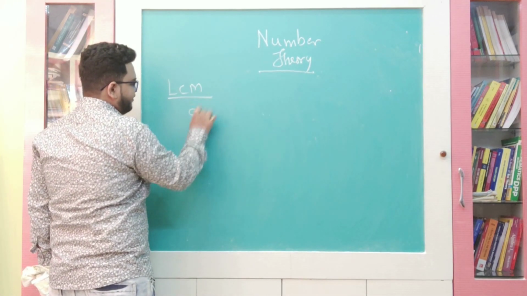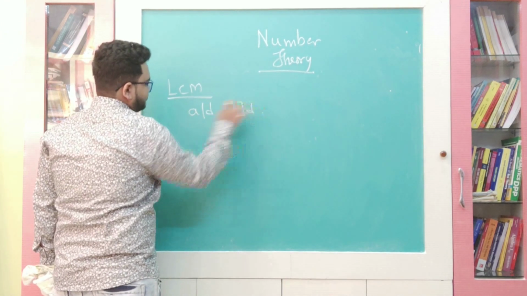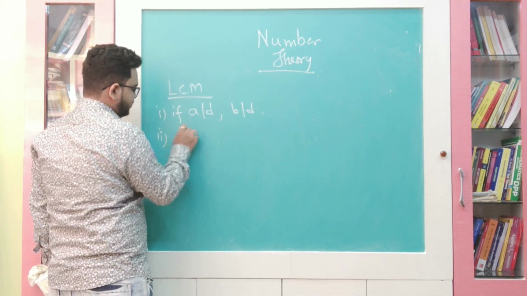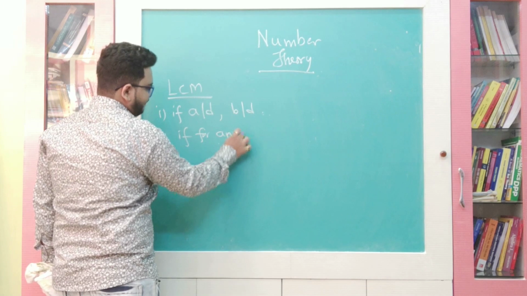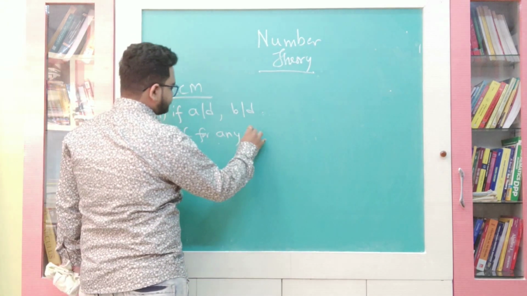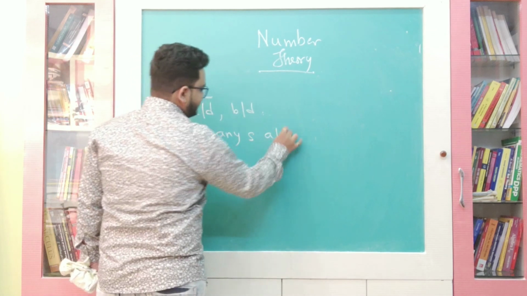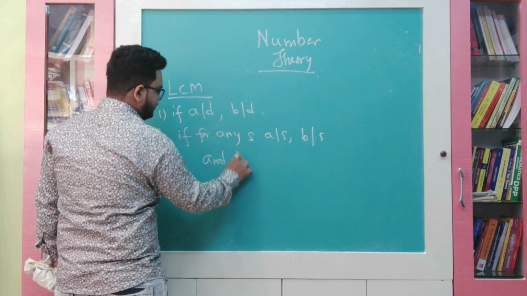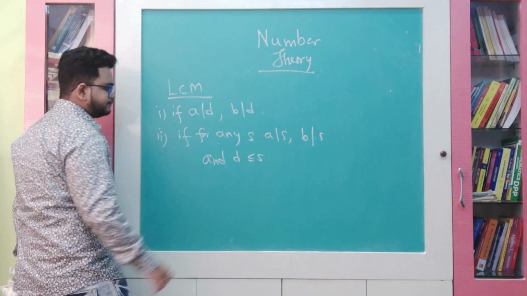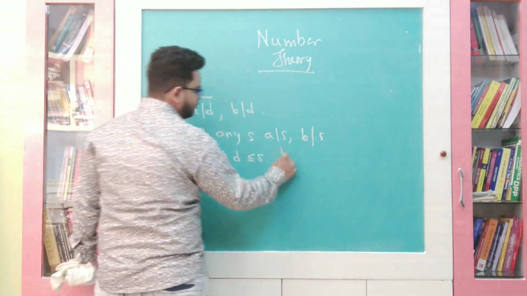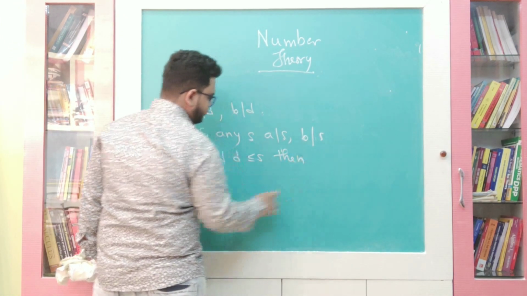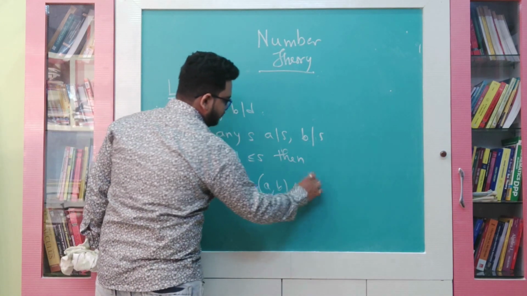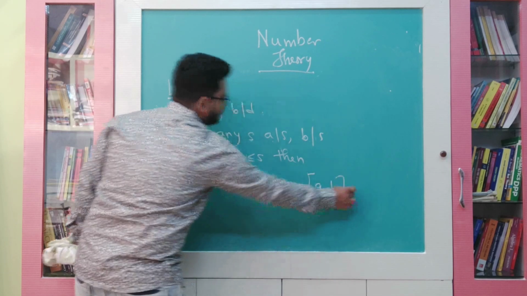If A divides D, B divides D, and if for any S, A divides S, B divides S, then D is less than or equal to S, then D equals LCM of A, B, also denoted by this.